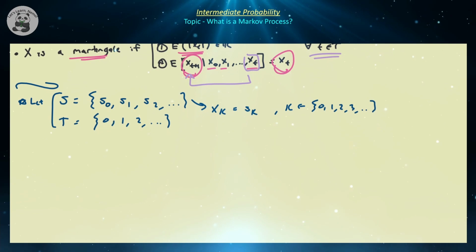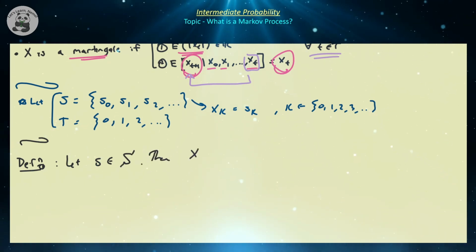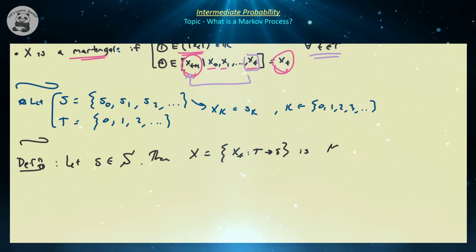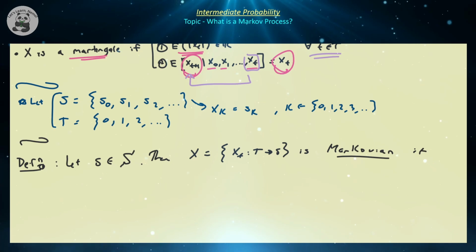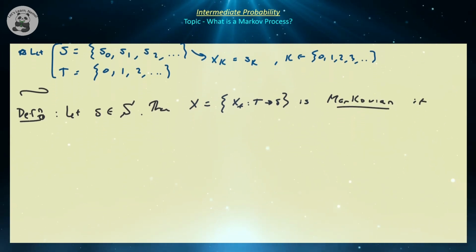So let us first define what exactly a Markov process is. Definition: let's assume that little s belongs to our state space S. Then X, which is our X_t that maps T to S, is said to be Markovian if the following property for probabilities on these random variables X_t is satisfied.